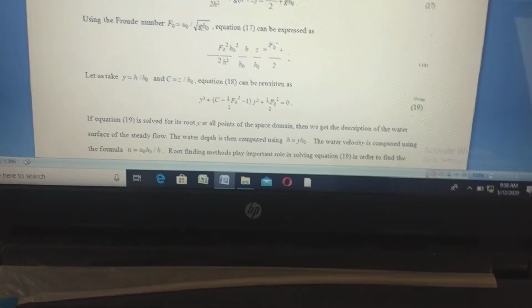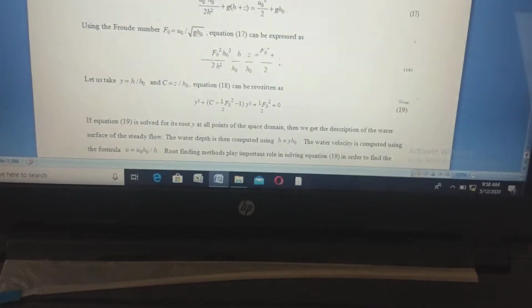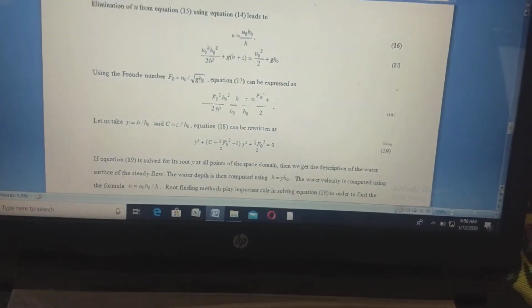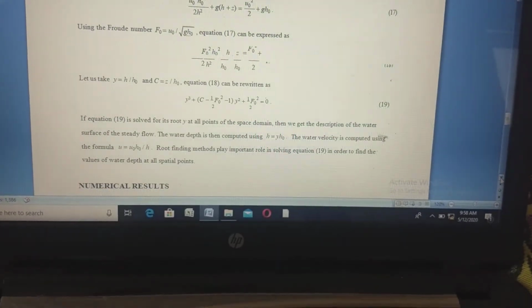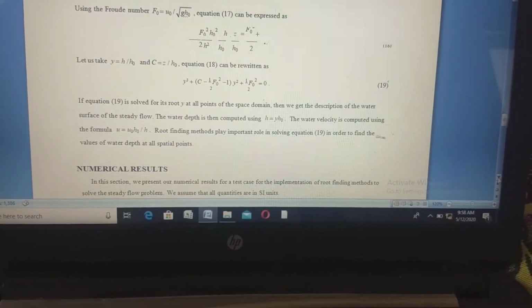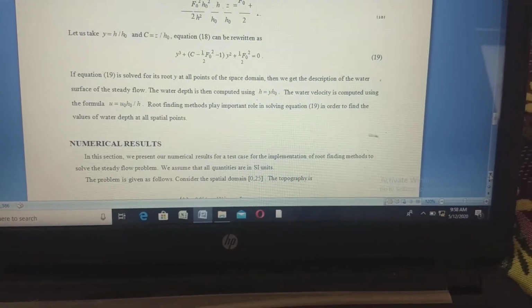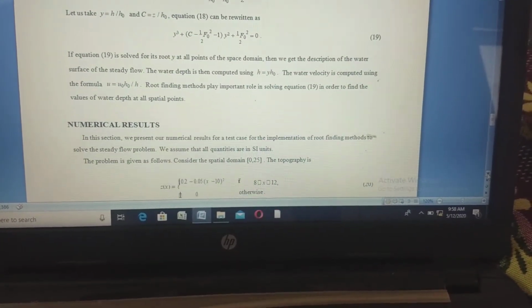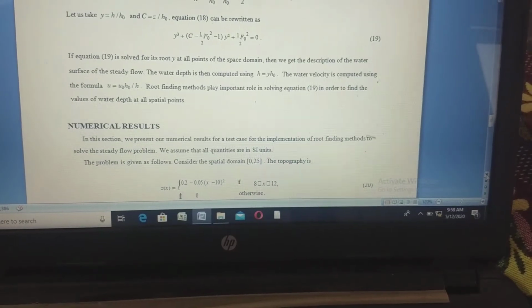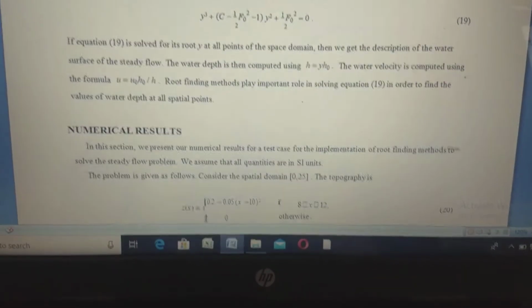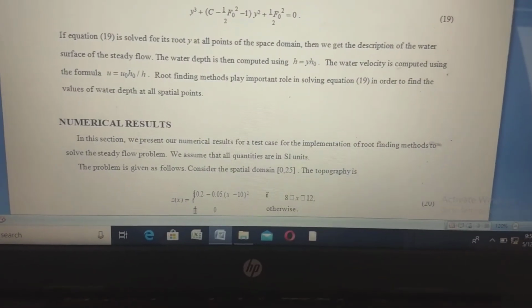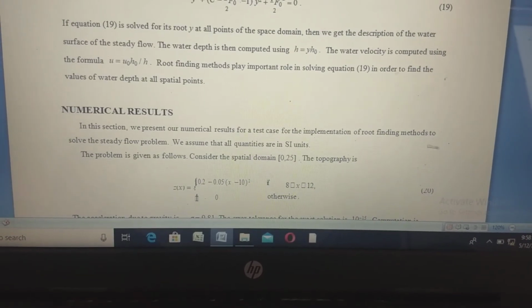If equation 19 is solved for its root y at all points of the space domain, then we get the description of the water surface of the steady flow. The water depth is then computed using h equal to y h naught.